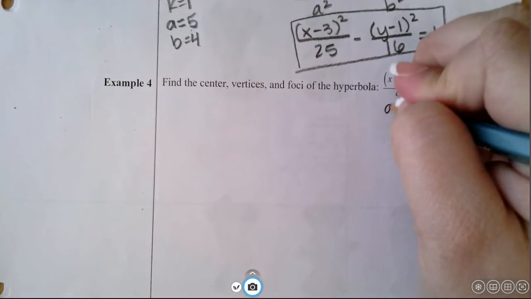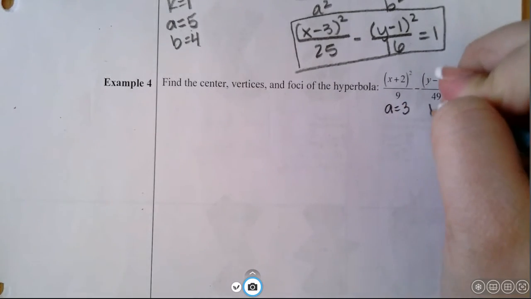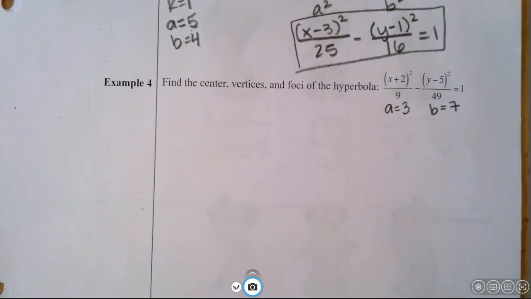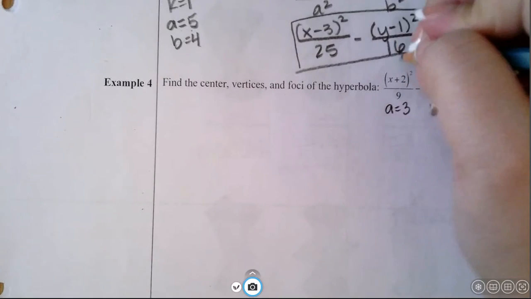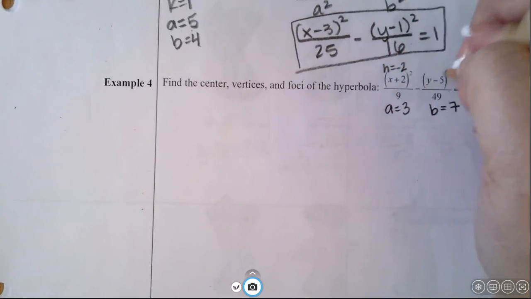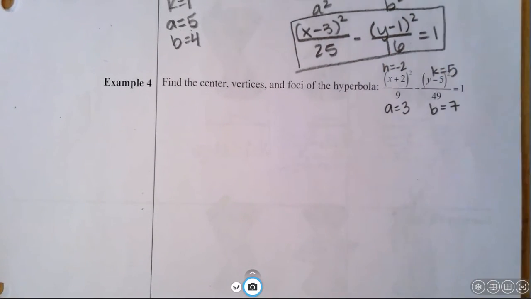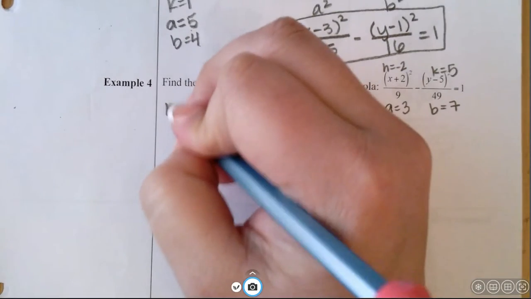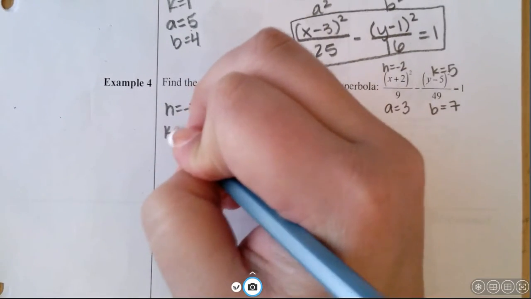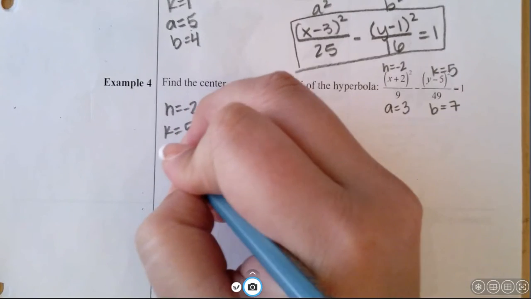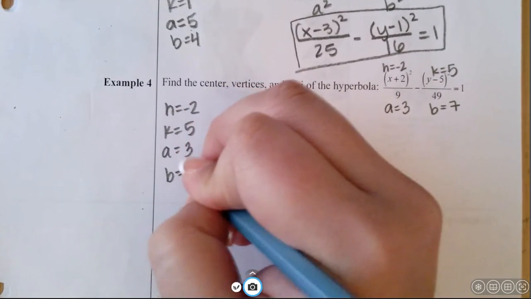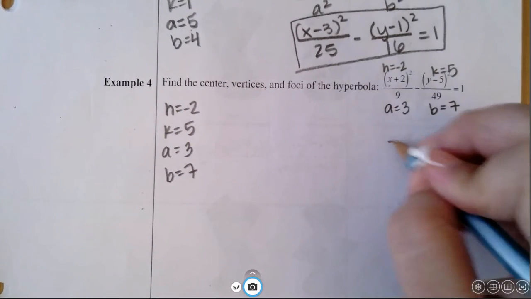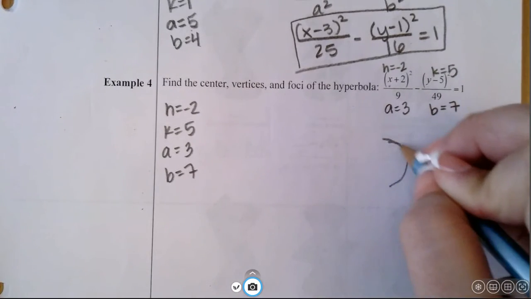So A is 3 and B is 7. H is -2, K is 5. So I'm going to write them over here. H is -2, K is 5, A is 3, B is 7. X is first, so we know this is a sideways opening hyperbola.